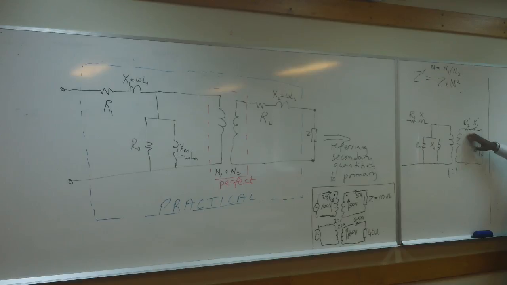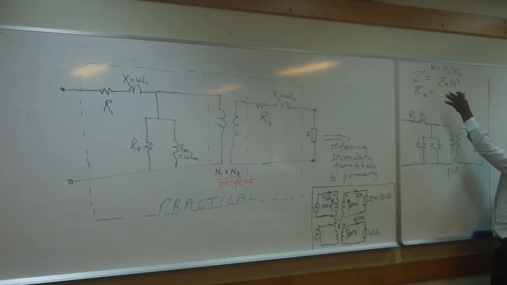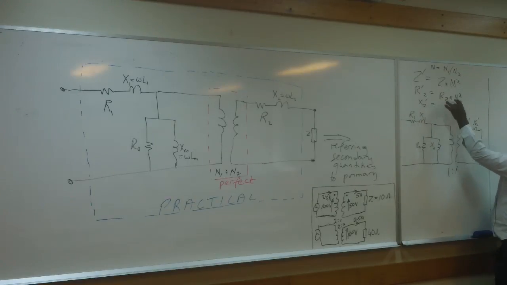And similar for the rest, because everything gets multiplied by n squared. All the impedances on the secondary side get multiplied by n squared. So you'll have R2 prime becomes R2 times n squared, and X2 prime is X2 times n squared.